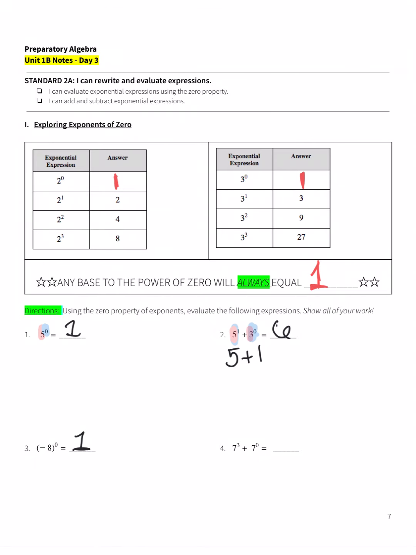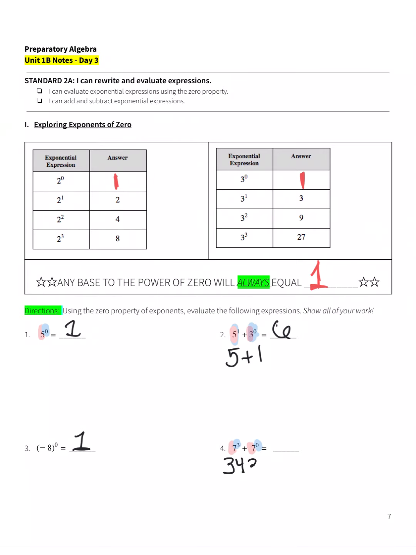Next, we have 7 to the 3rd power plus 7 to the 0 power. At this point, I'm going to type 7 to the 3rd power in my calculator. And when I do that, I get an answer of 343.